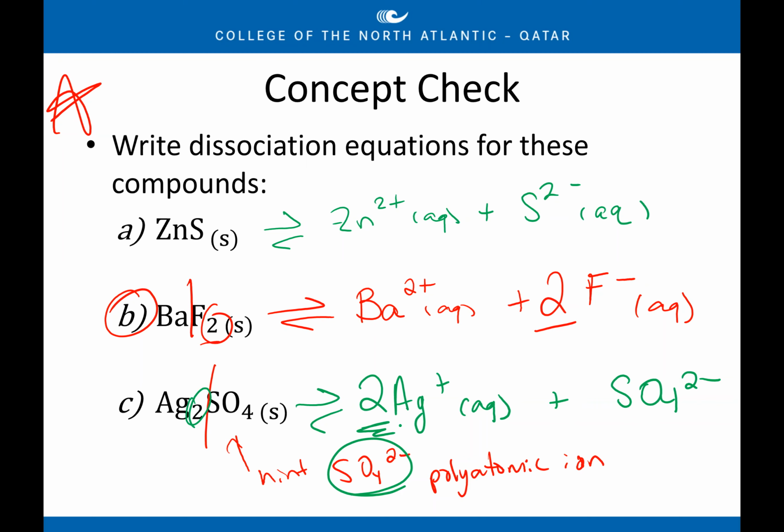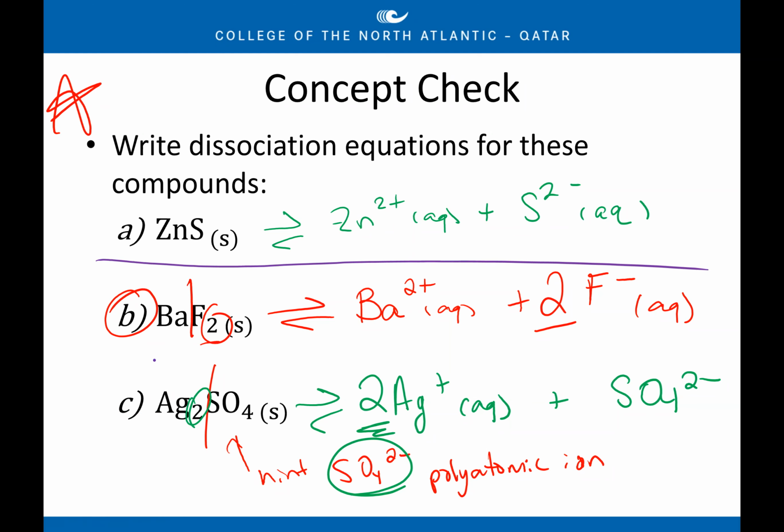Okay. So what is the point of all this? The point of all this is when you see this on your test, wink, wink, you need to know how many ions these chemicals split into.